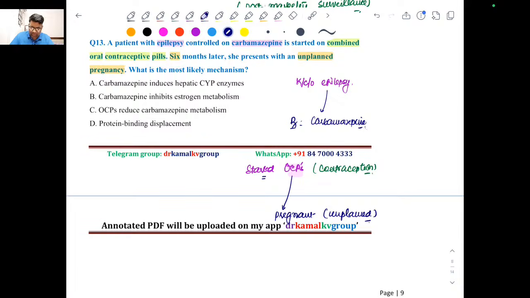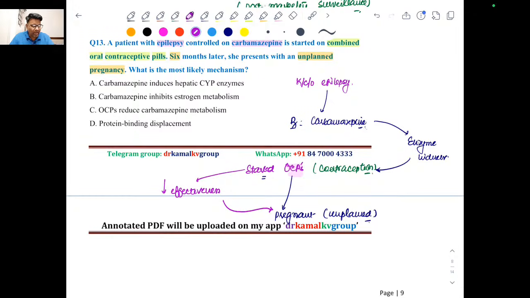The carbamazepine is acting as an enzyme inducer and therefore metabolizing the OCP drugs, and therefore this is reducing effectiveness, and therefore the lady is becoming pregnant.